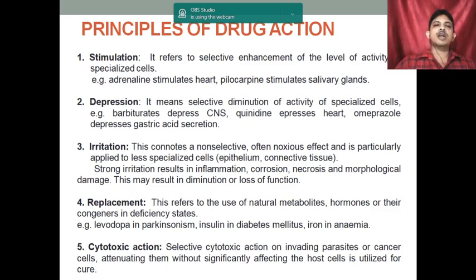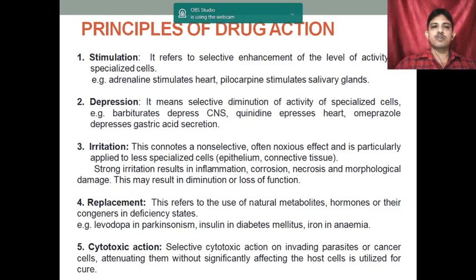Now, if we consider the different principles involved in drug action, there are five major principles. These are stimulation, depression, irritation, replacement, and cytotoxic action.